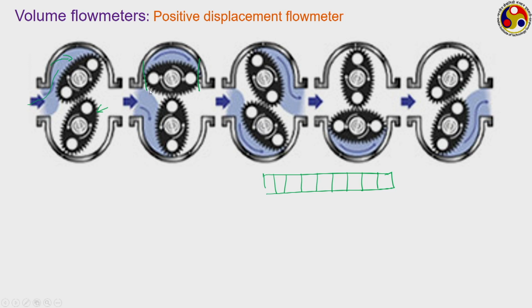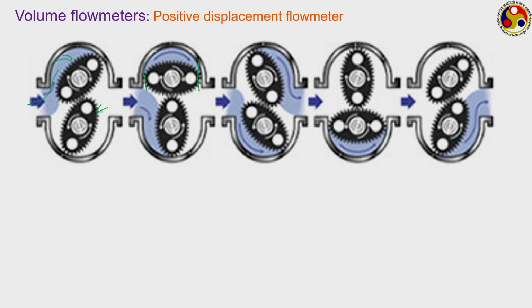As both the gears keep on moving, after some time the top gear releases the fluid towards the downstream side and the bottom gear keeps on rotating, and in the fourth scenario we have reached a situation where there is a volume of fluid being trapped below the bottom gear, and subsequently that is again released. So in one rotation of both the gears, we can see twice we are collecting a fixed volume of fluid and then discharging that to the downstream side.